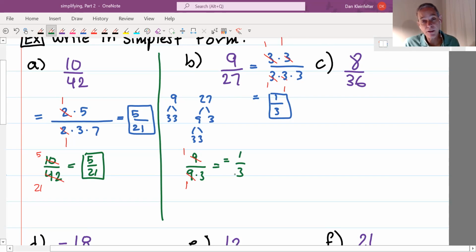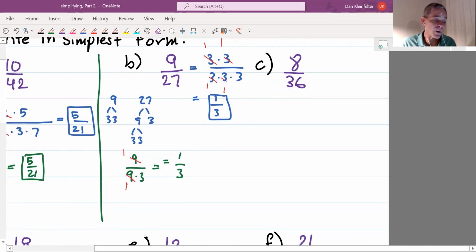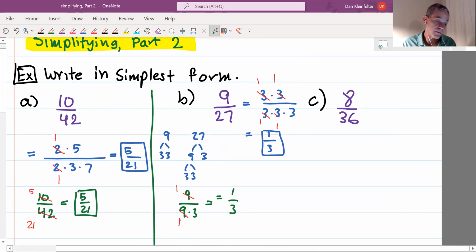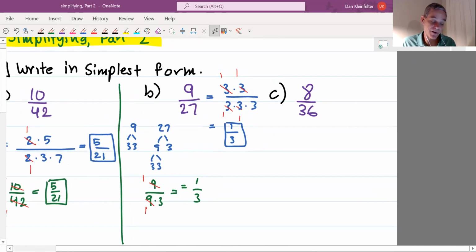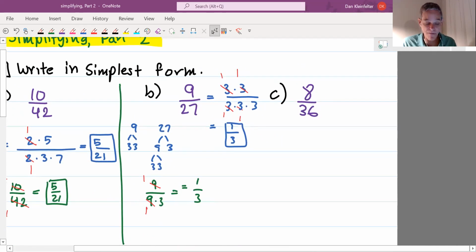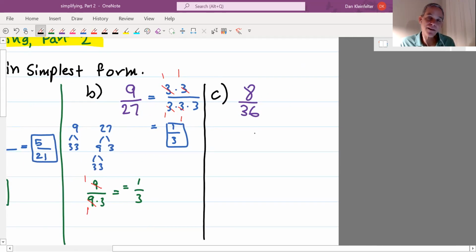Yes, you can. If you're comfortable with it, there's absolutely nothing wrong with doing that mathematically. It's just fine. Usually arithmetic teachers will have you at least begin with the prime factorization because it's less error prone.